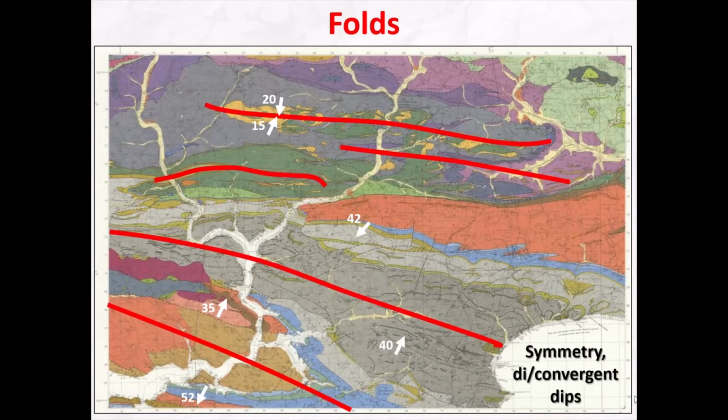And that suggests to me that we've got a series of folds. We've got some antiforms, we've got some synforms, we've got some open folds, and we've got some tight folds. And if I were to mark on the fold axes for the major ones that I can see running through the area, I think they run something a bit like this.